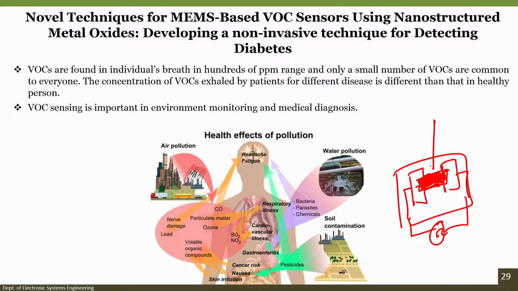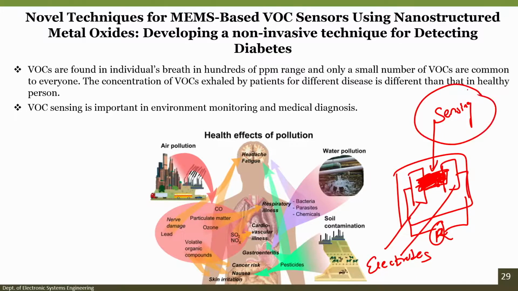This is a sensing material. These are two contact electrodes, right, and what you are measuring? You are measuring resistance. The resistance of the sensor would change depending on the sensing layer that you use.